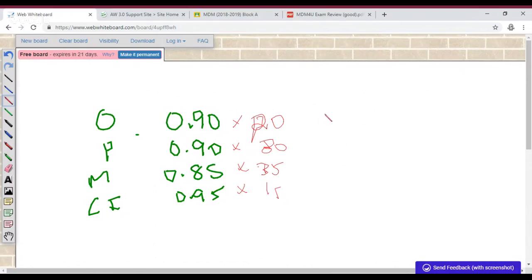So I multiply them using the formula for weighted mean. 0.9 times 20 plus 0.9 times 30 plus 0.85 times 35 plus 0.95 times 15. So he actually scores an 89, and then you would just do the same thing with the other person and compare them.